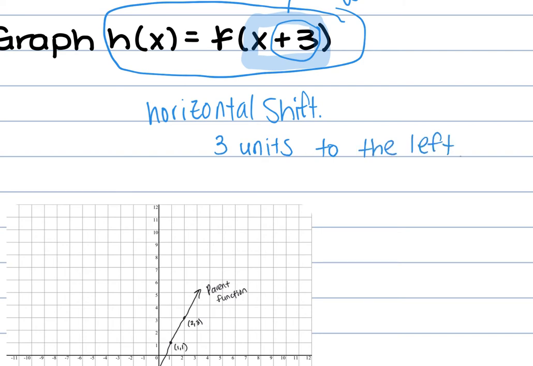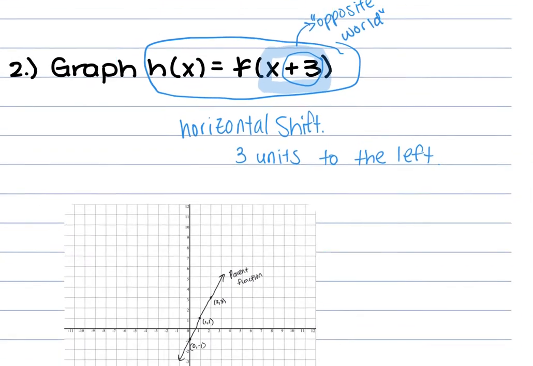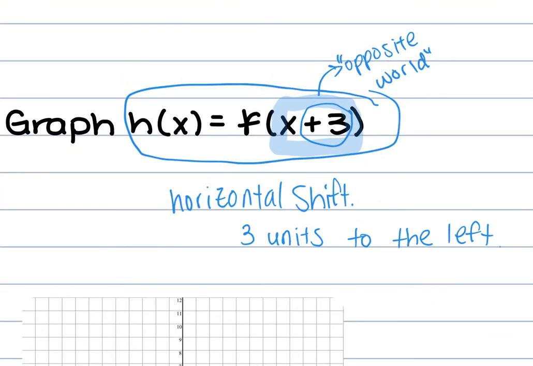Now, I'm going to explain why it's called opposite world, but I want you guys just to know that if it's inside parentheses, that world inside the parentheses is called opposite world. So instead of moving 3 units to the right, which we normally would do since it's plus 3, we're actually moving 3 units to the left. So we're doing the opposite of what we should do.